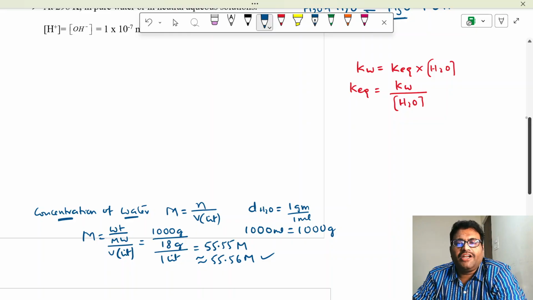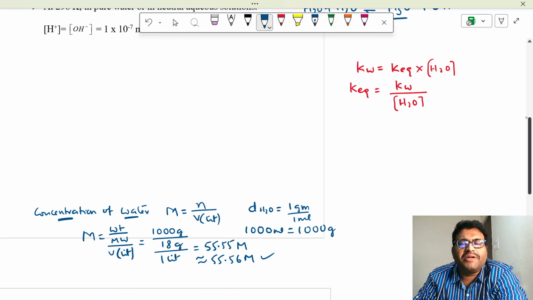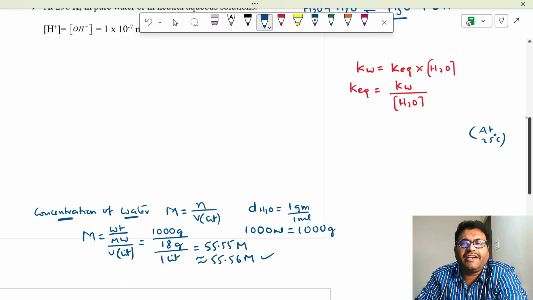Now, if I ask you the equilibrium constant of water, what is it? If temperature is not mentioned, compulsorily we have to take 25 degrees centigrade. So at 25 degrees centigrade, the equilibrium constant is equal to Kw, which we know is 10 power minus 14 mole square per liter square.